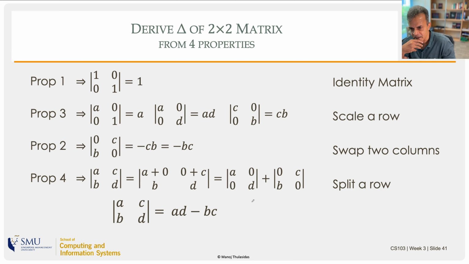But at the same time, if you did not have any idea of what the determinant was, and you came and said, okay, these are the properties that I would like the determinant to satisfy, then there's only one computation for 2 by 2, and that's what it says. So the determinant being AD minus BC is not merely our definition. It is the only number that can satisfy the properties that we are looking for in a determinant.